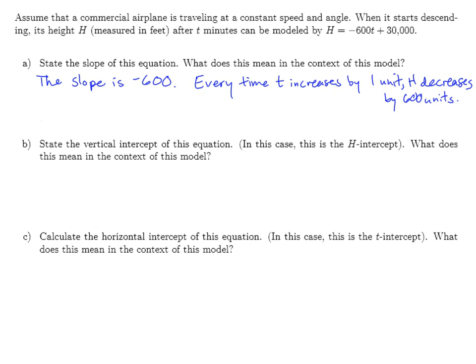So in context, that means that as every minute passes, the height decreases by 600 feet. So I'll say, in context, each minute that the plane descends, its height decreases by 600 feet.